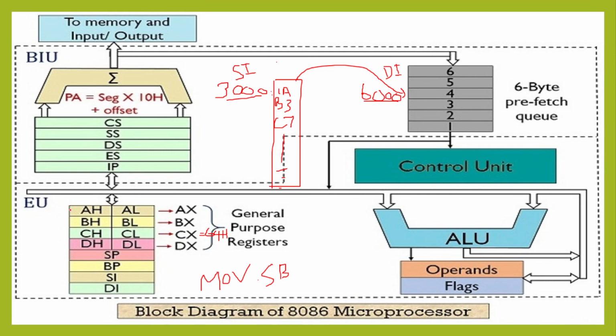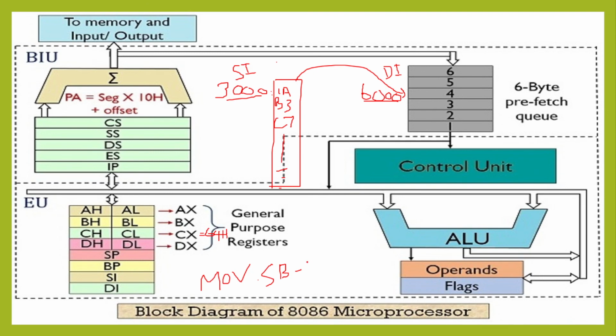The function of the execution unit is to copy one instruction from the instruction queue and decode that instruction. Decoding means to understand the real meaning of the instruction, because memory will give you only opcodes in terms of binary numbers. That has to be decoded to know what function it has. For example, MOVSB also has an opcode, and that opcode will have binary numbers.